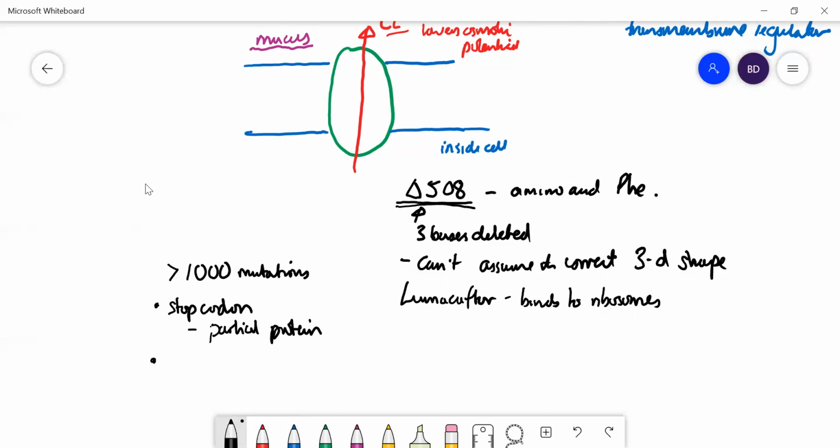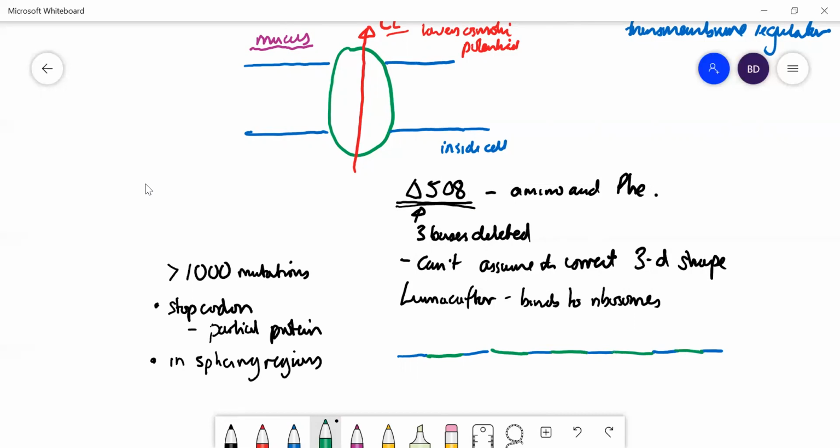Other mutations are in the splicing regions. Now, we said that this gene has 27 exons. I'm not going to draw 27, I'll just draw a few. There's the exons, and it's got introns in between them. And what's going to happen is those green introns, bits of RNA, have got to be looped and spliced out.